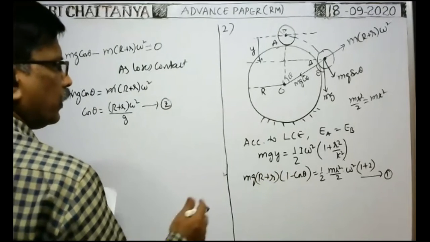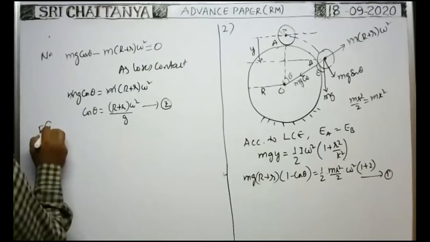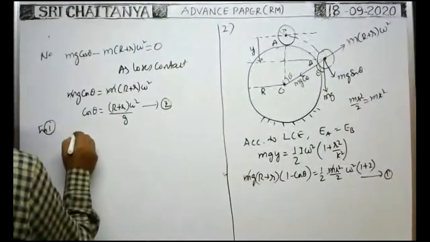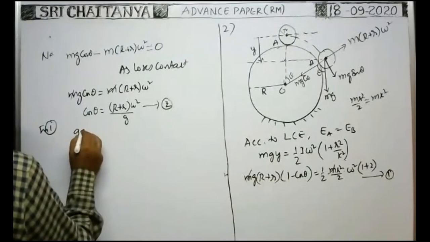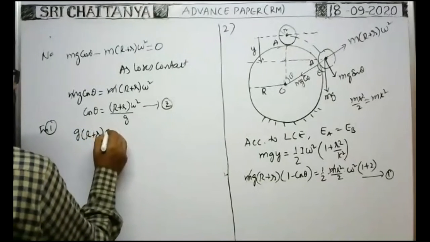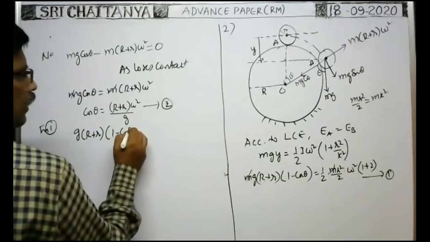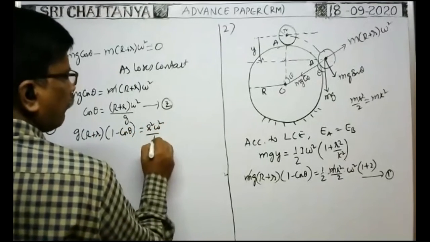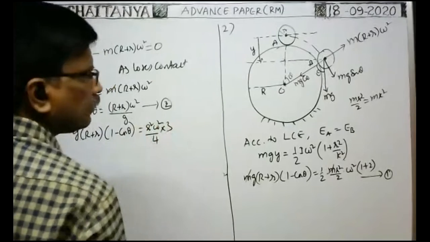From 1, m we can cancel, so the remaining is g(R plus r)(1 minus cos theta) is equal to r square omega square by 4 into 3.